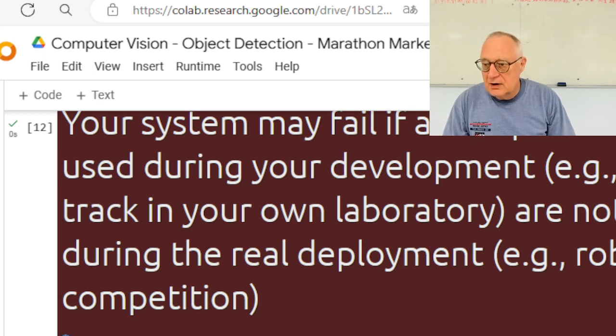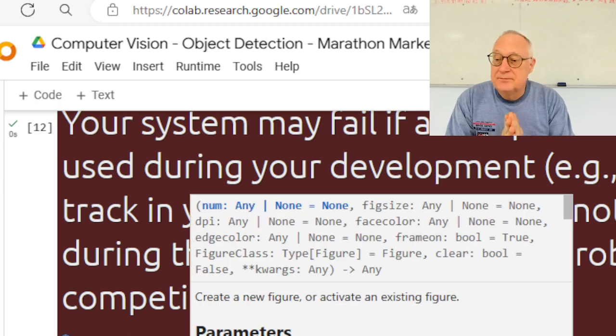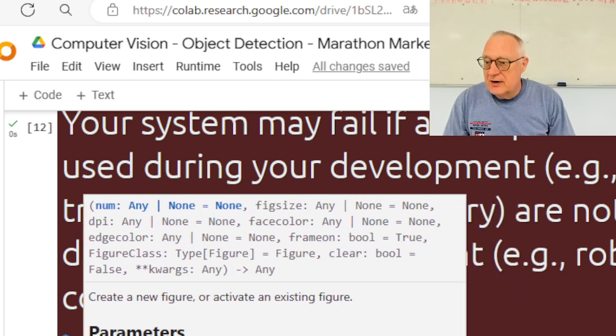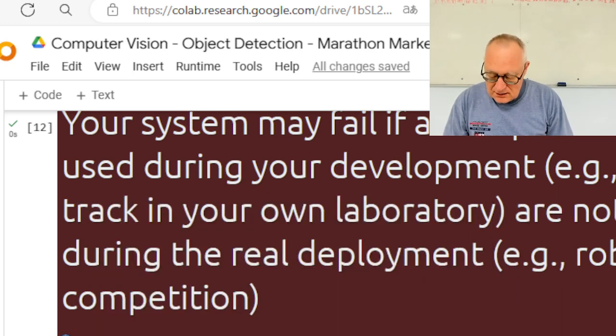So let's have a look and plot the areas that we covered. So I set the markers are at these locations.